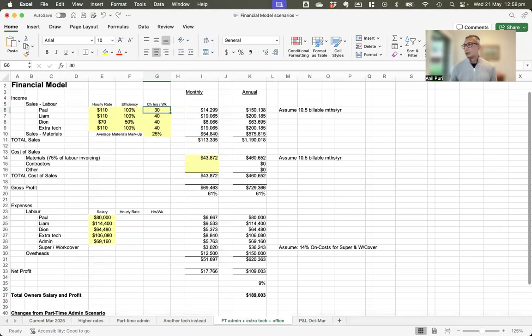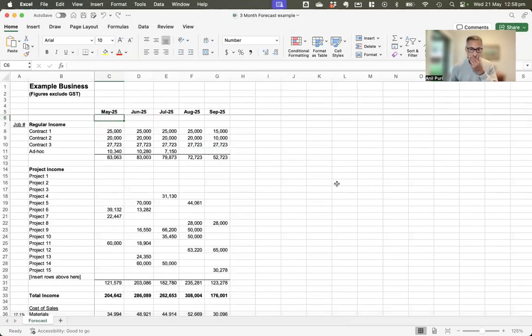All right, so the next one I want to share is a tool that's particularly good if you're running lots of projects. So this is a trades-based business that has regular contracted income, plus they have project income. So I've got clients who know their break-even point, they know their revenue targets, and they have a ton of work on their books.